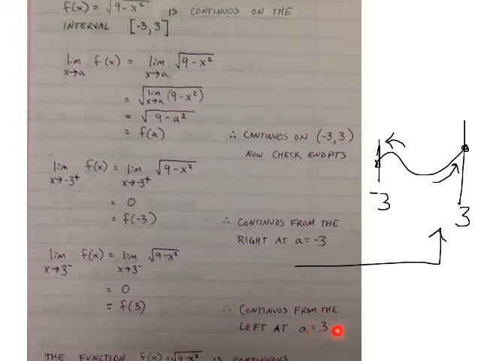So we have now proved that it is continuous from the left at a equals 3. So we have inside the interval, we have the left endpoint and we have the right endpoint. So the function is continuous on the whole interval.